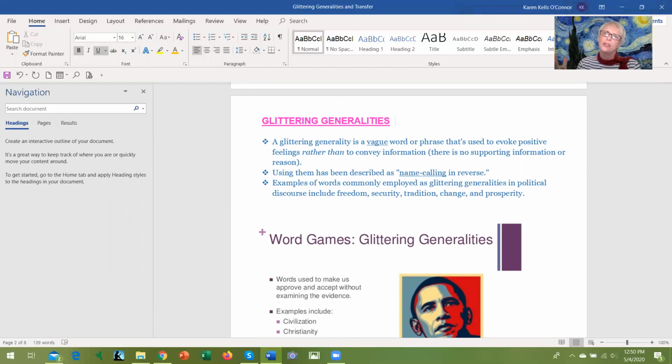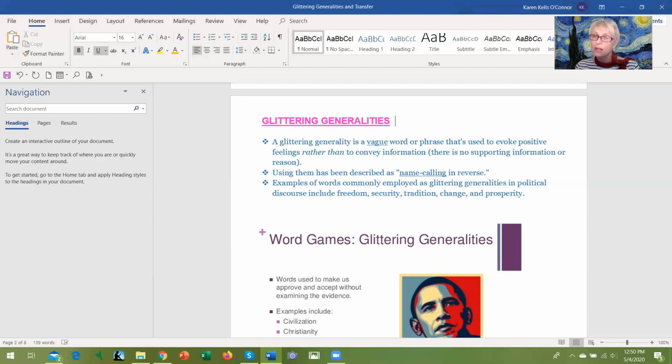So it's not telling you about the product, it's just saying these vague words that give you a positive feeling. There is no supporting information or reason that you should like this Starbucks coffee. These glittering generalities just make you think it's a positive product, something that you want. I'll show you some examples of that in a sec.